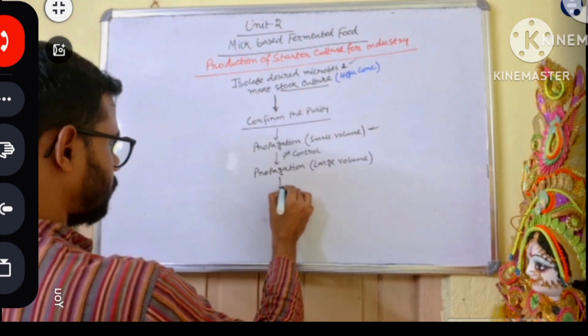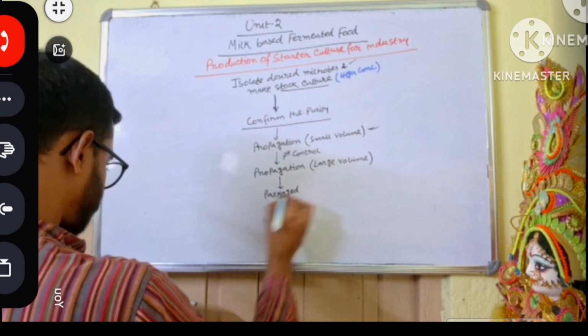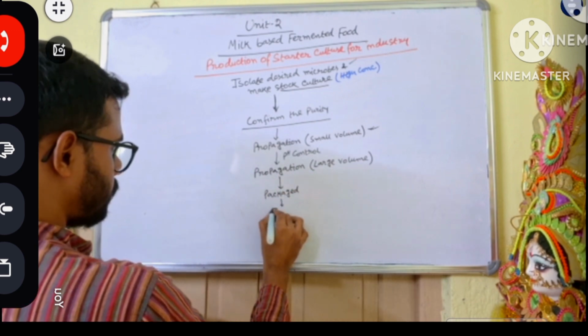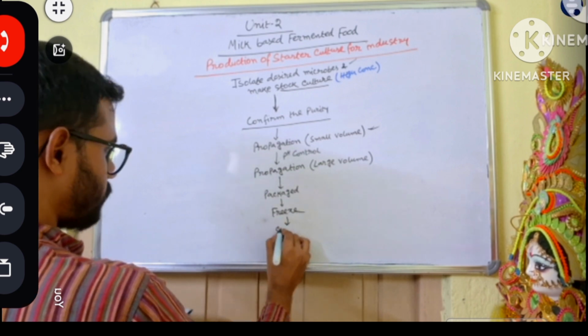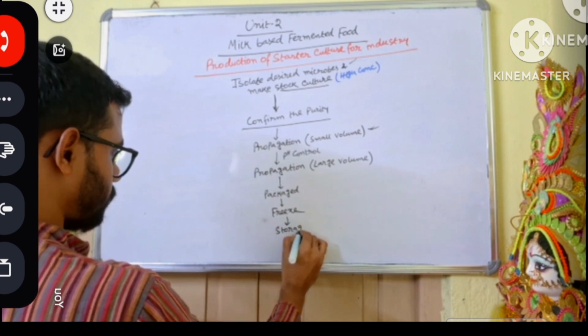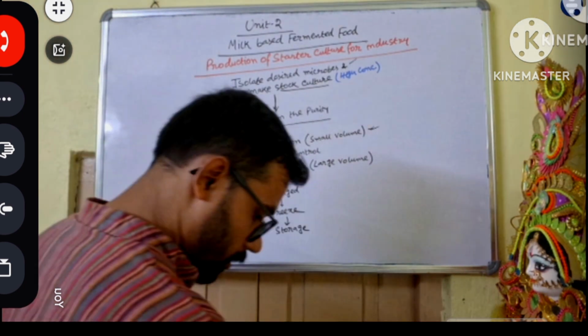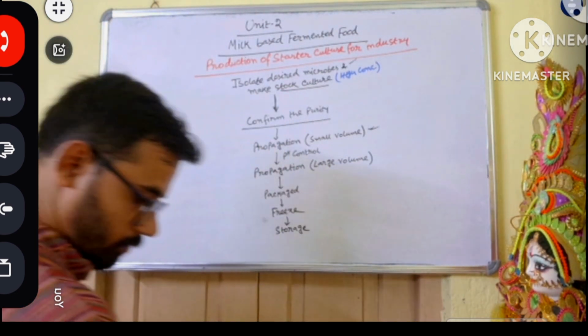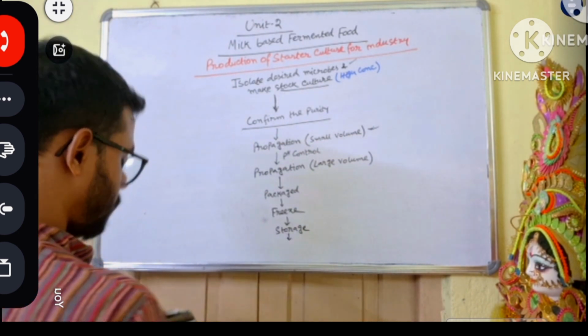After propagation, package, freeze, and store. That gives you frozen bulk culture, that produces frozen bulk starter culture.